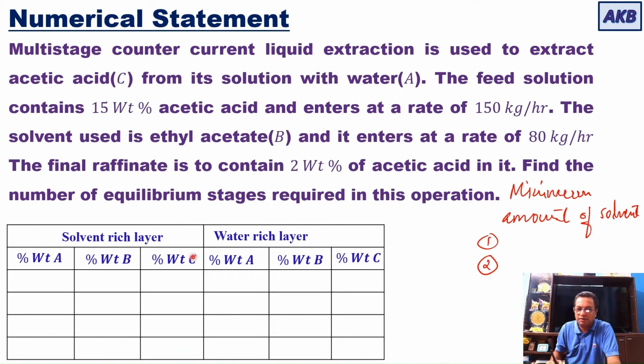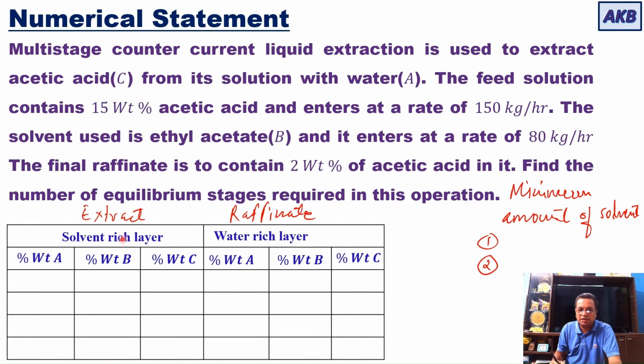As I said, the equilibrium data is given to us, where we have the composition of the solvent rich layer. Solvent rich layer is nothing but the extract layer, and water rich layer is nothing but the raffinate layer. So the compositions of the extract and raffinate layers are given to us.